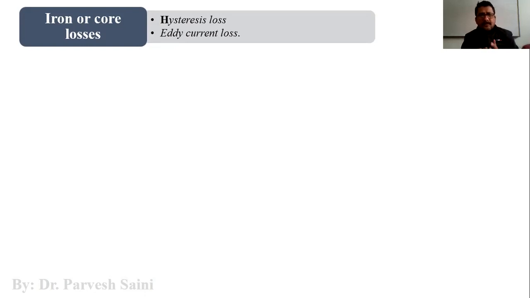The core of the transformer, whether shell type or core type, is formed of a ferromagnetic material made of iron or alloys of iron. So we call it either iron loss or core loss.